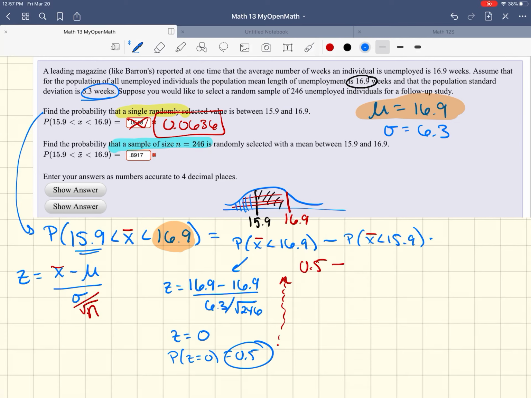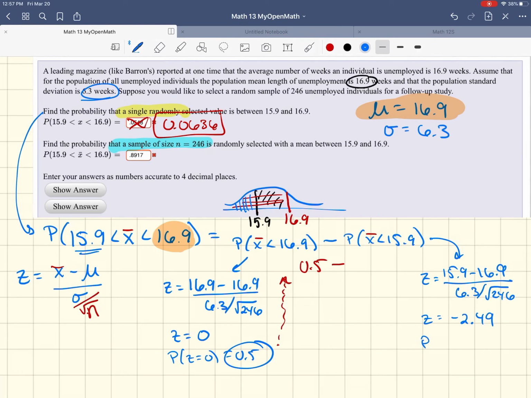Okay, now for the next one, let's find this z-score: 15.9 minus the population mean, 16.9, over 6.3 divided by the square root of 246. Plugging all of that into our calculator, I get a new z-value, negative 2.49.